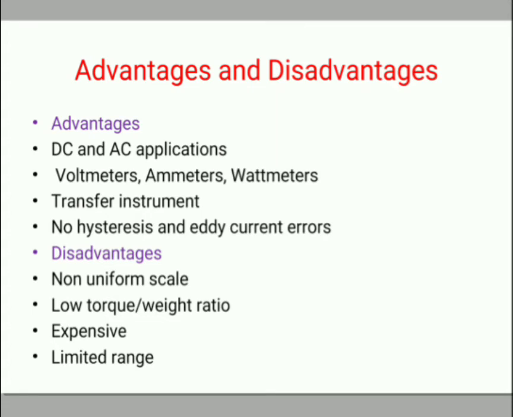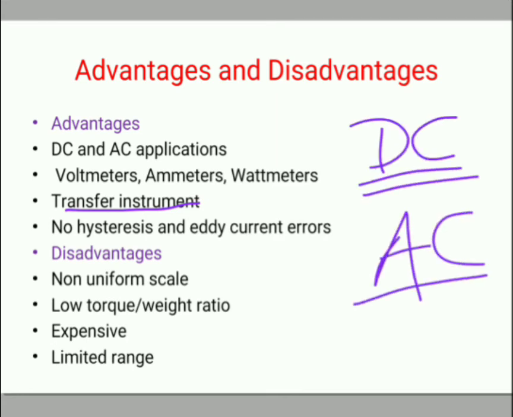These instruments can be used as voltmeters, ammeters, and wattmeters. The dynamometer instruments can be used as a transfer instrument, that is, they can be calibrated on DC and then operated on AC. First calibrated on DC, then operated on AC.